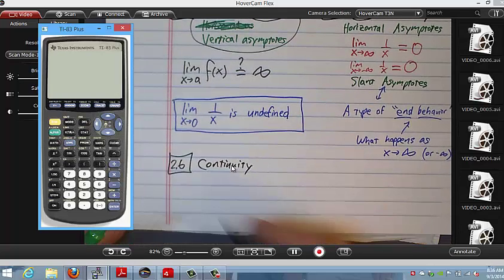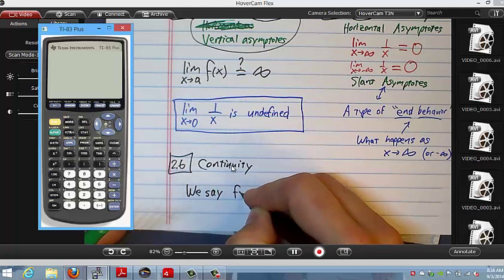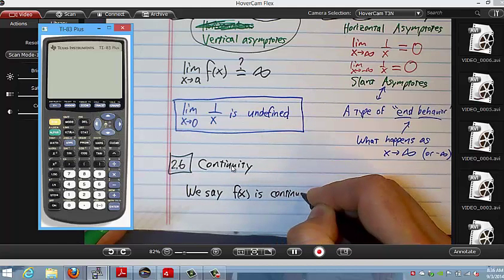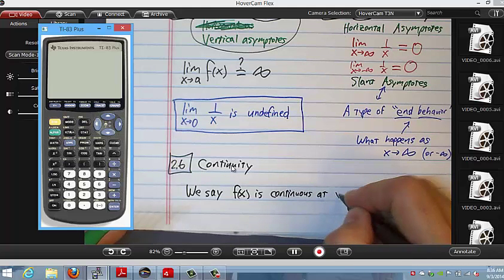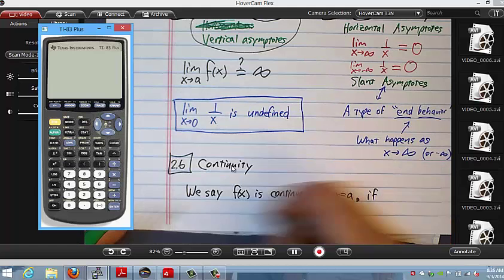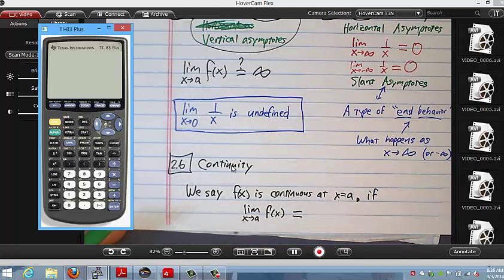I'll give you the definition again here. We say f of x is continuous at x equals a if the limit as x approaches a of f of x equals, what do we always try first?